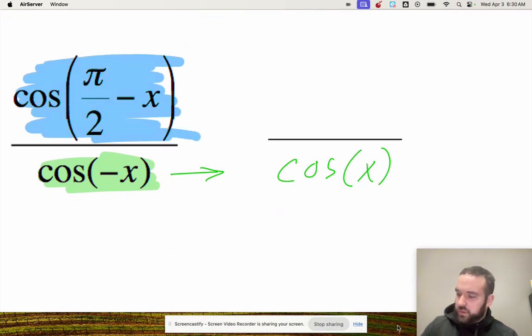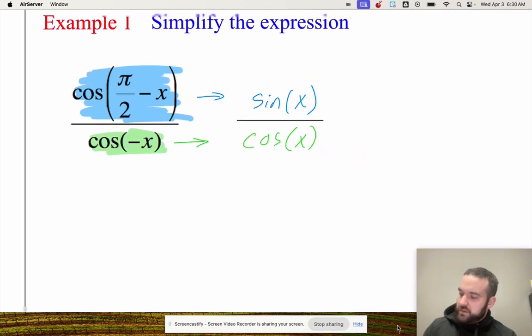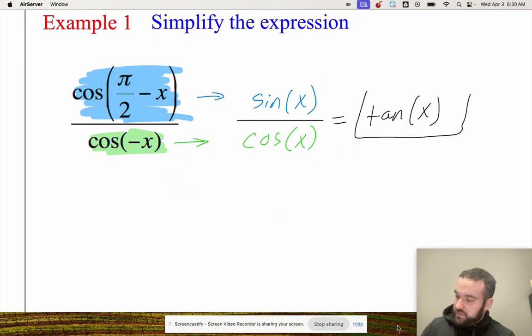So this whole expression in the numerator can be written as the sine of x. And now I have sine of x divided by cosine x, which can be simplified into just tangent. So that expression in the beginning that looked really wonky is actually just equal to tangent of x.